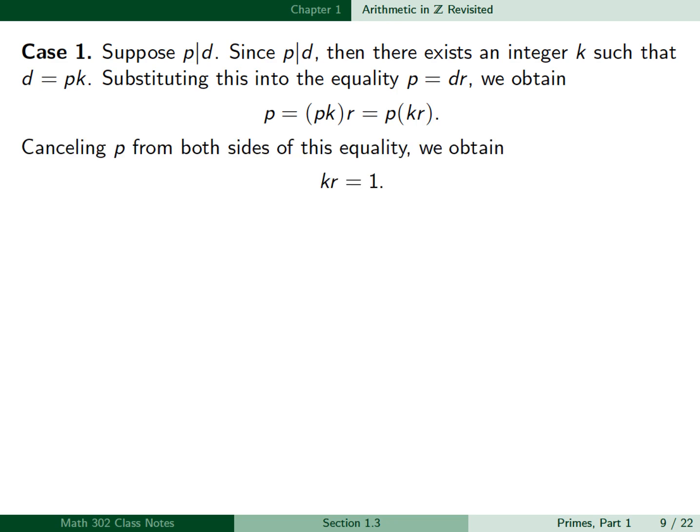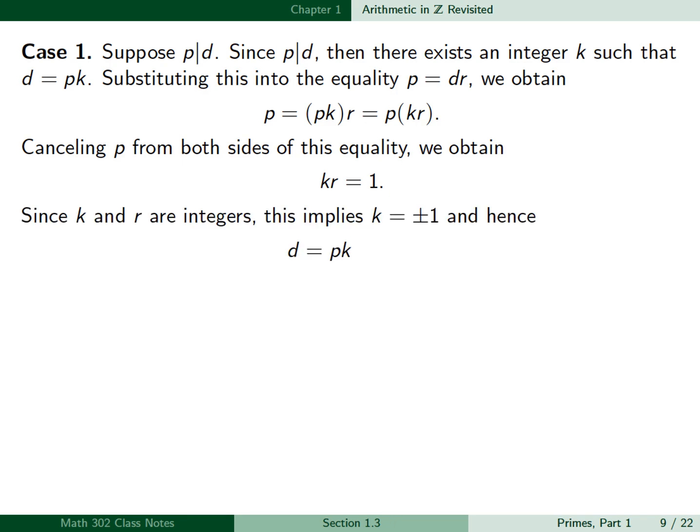Now we have a common factor of P on both sides, so canceling P from both sides of this equality, we obtain kr equals 1. Now, since k and r are integers, this implies that k is equal to plus or minus 1, and r must also be plus or minus 1, but we're only interested in k here. And hence, d equals pk equals plus or minus p, which proves our conclusion. So this proves case 1.